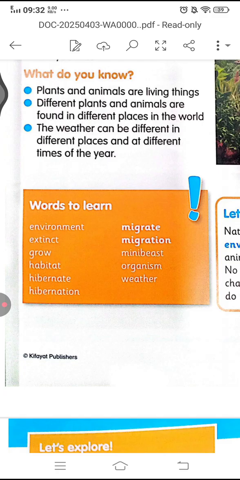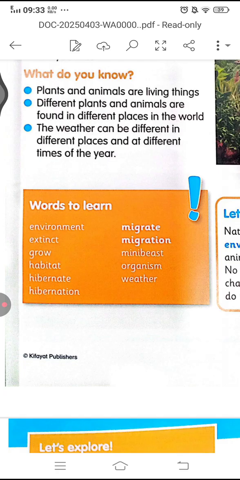Habitat is a place where any animal or any living thing is found. Hibernate is a state where any living thing can be found in a dormant condition, not inactive. Okay, hibernation is the period in which living things are found in a dormant condition.